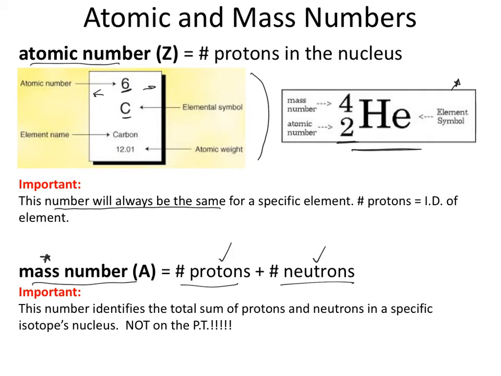Additionally, when we're looking at specific equations, or we're looking at this type of format here, the mass number is going to be written on the left-hand side as a superscript. Okay, so now that we know what mass number and atomic number are and how to find them in the respective formats we've discussed, we're going to go ahead and talk about isotopes and their features.